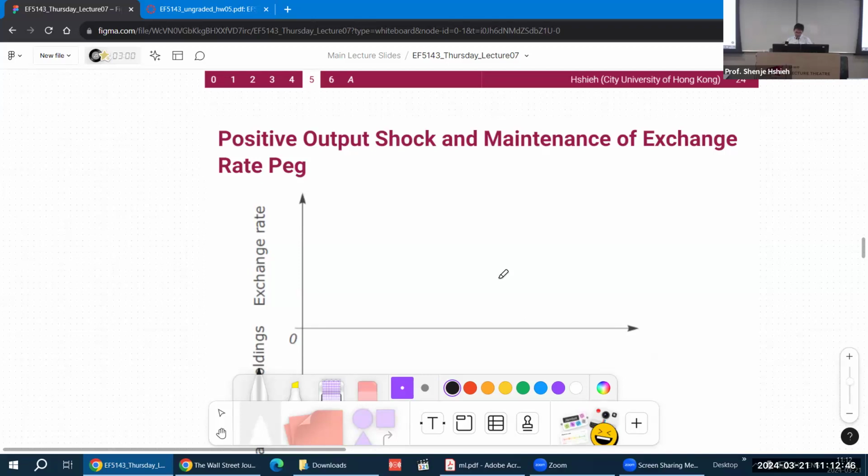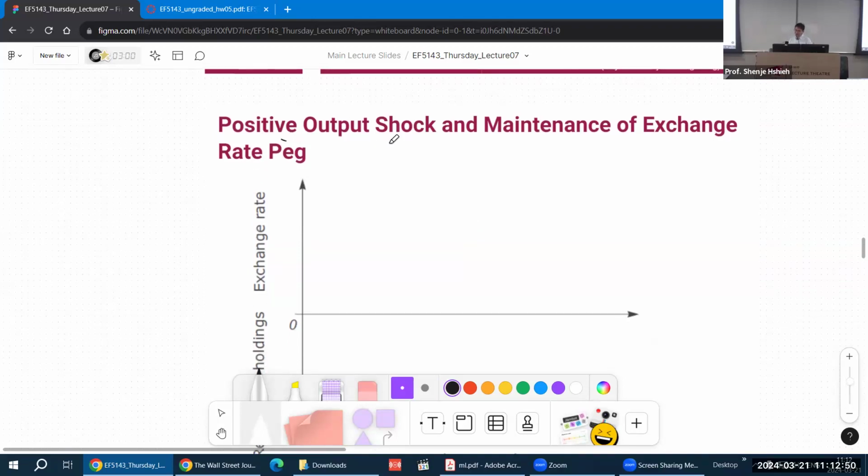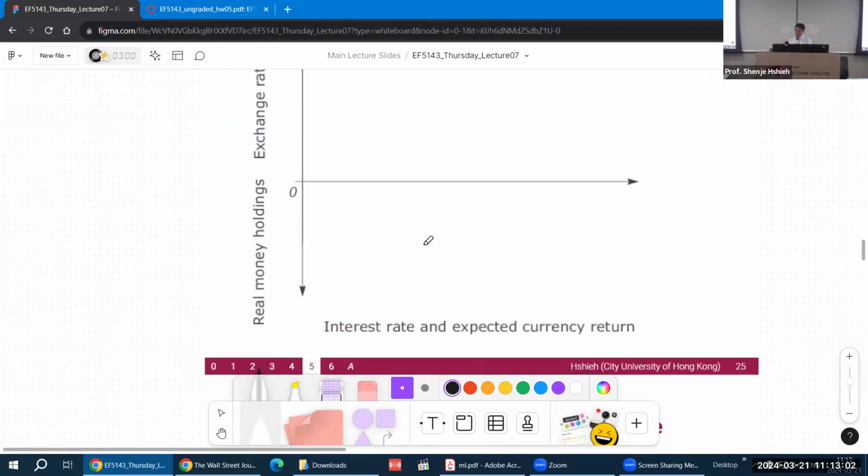So let me visually show you what I mean by that. Suppose there is an output shock. For example, suppose there's a positive output shock in a country, and that country promises to maintain that peg forever, no matter what. So very quickly, an output shock looks like this, right? The L curve shifts outward.